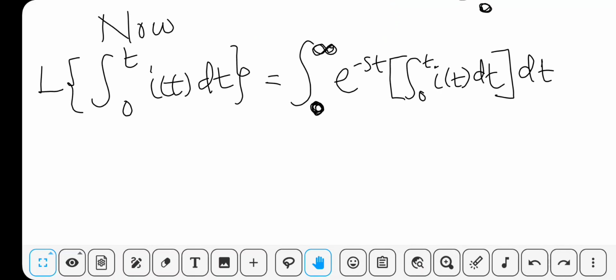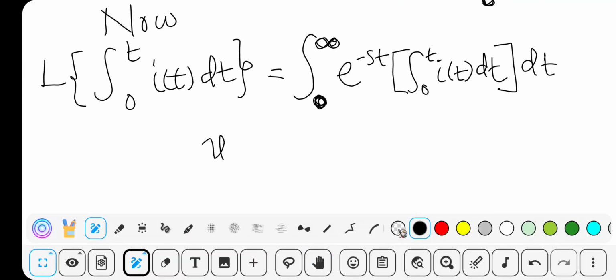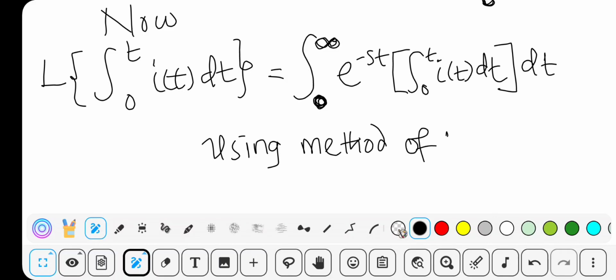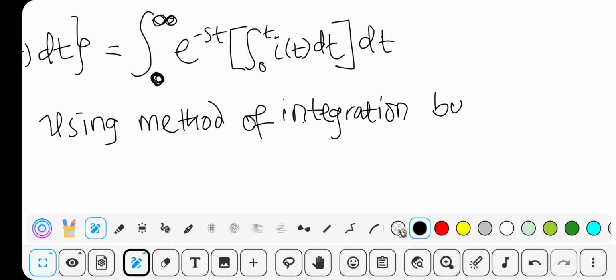So now in order to integrate this, we are going to use the method of integration by parts.